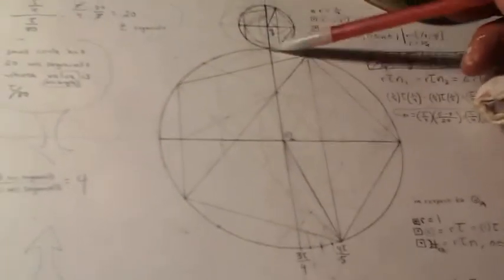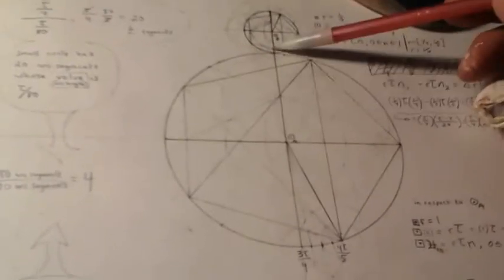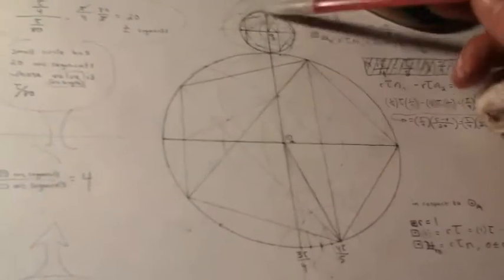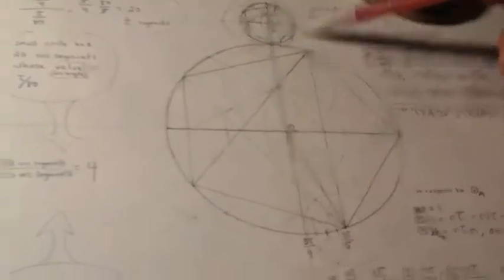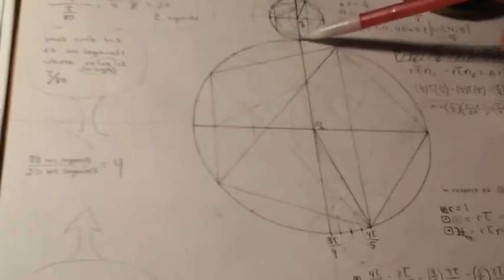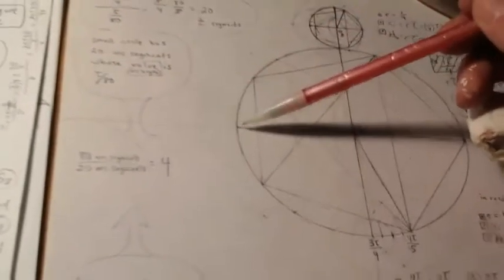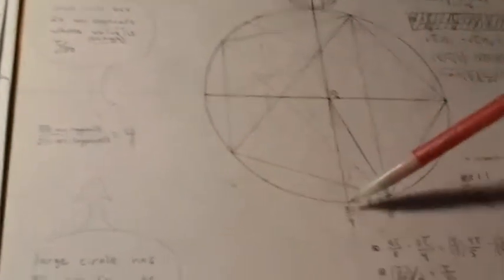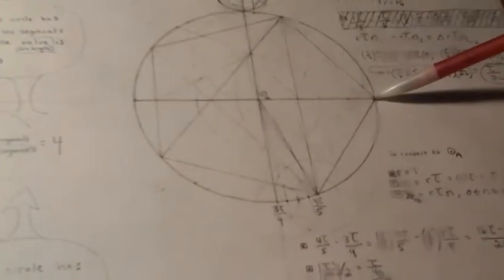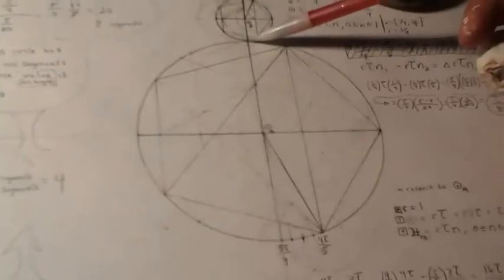Because this radius is a quarter of this radius, this circumference is a quarter of this circumference, thus it goes around 4 times. This point revolves around to here, to here, to here, to here.